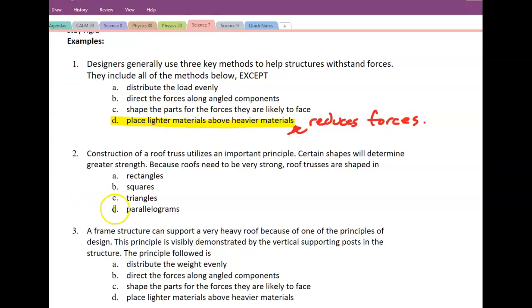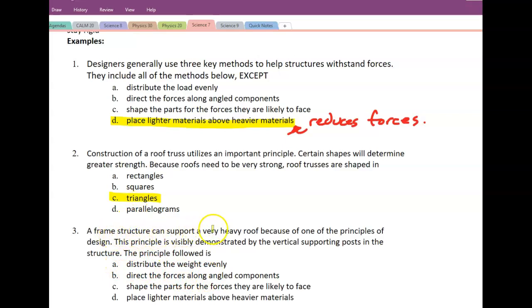In general, roofs are going to use triangles. We saw lots of triangles in the roofs to keep things quite strong. And what that's doing is directing things across angled components, right?